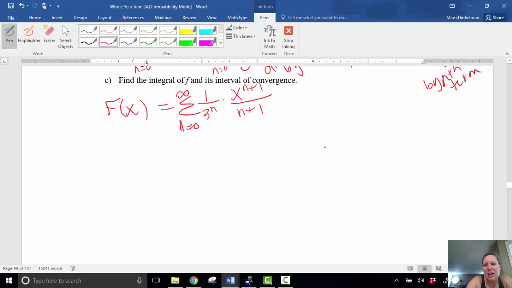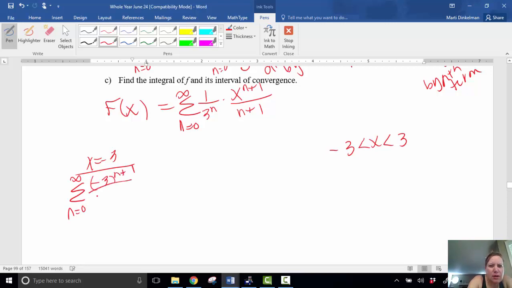Again, I think same interval. And then when x is -3, we're going to have -3 to the n plus 1, and a 3 to the n, and then an n plus 1.